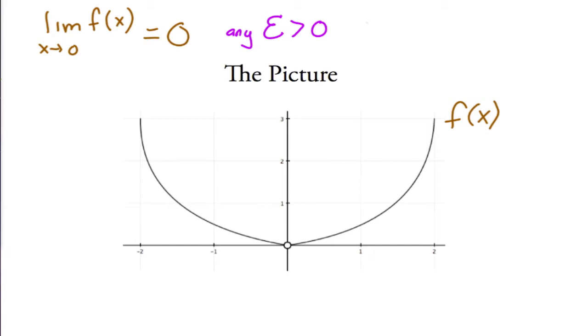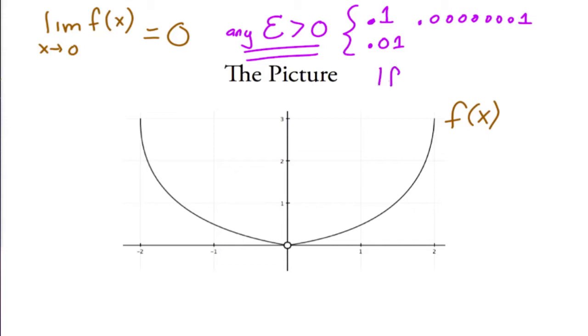Now, epsilon is typically small, so it has to work for 0.1, it has to work for 0.01, or 0.00000001. So it's an arbitrarily chosen number, but you choose it in the beginning, and then it has to work for that number.